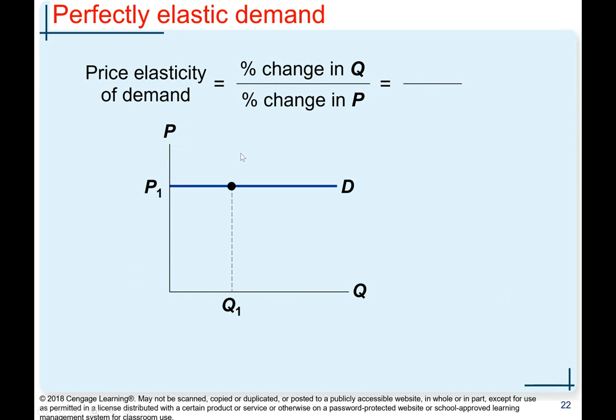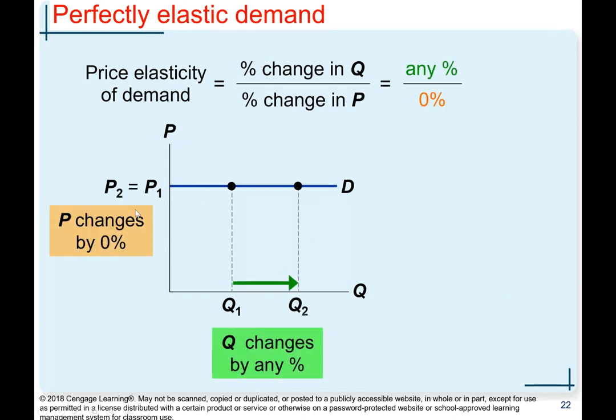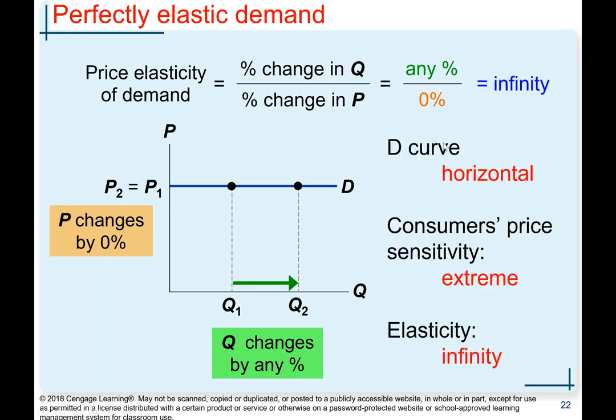Perfectly elastic demand. The demand curve is horizontal, so price changes by 0%. Price does not change. And quantity changes by any change in quantity, really. Any change in quantity will be divided by zero, the denominator, and that defines infinity.